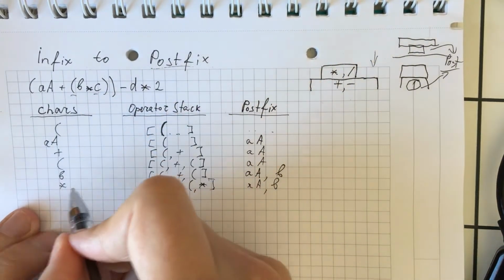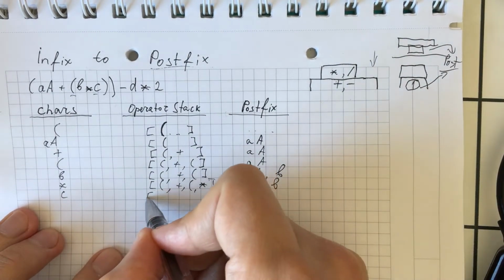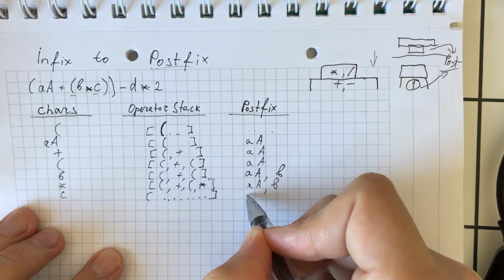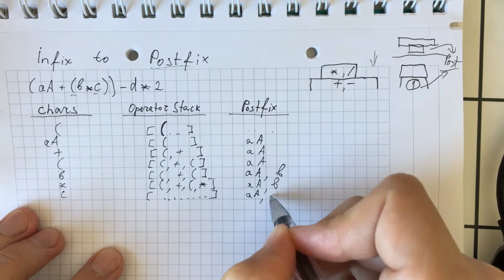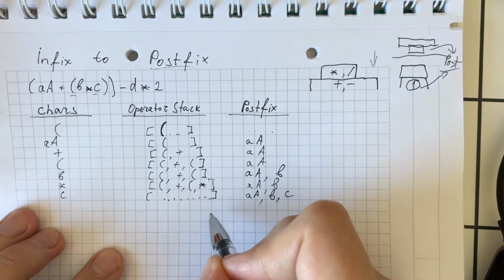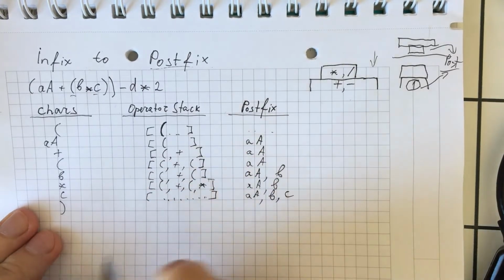Then we encounter C. So this becomes the same: A, B, and the C. Alright, so now we get this closing parenthesis.